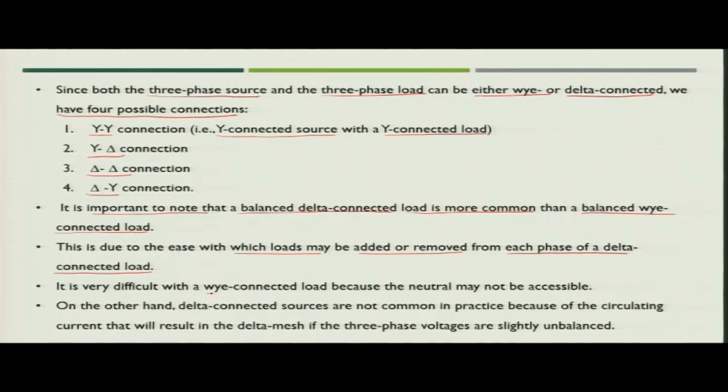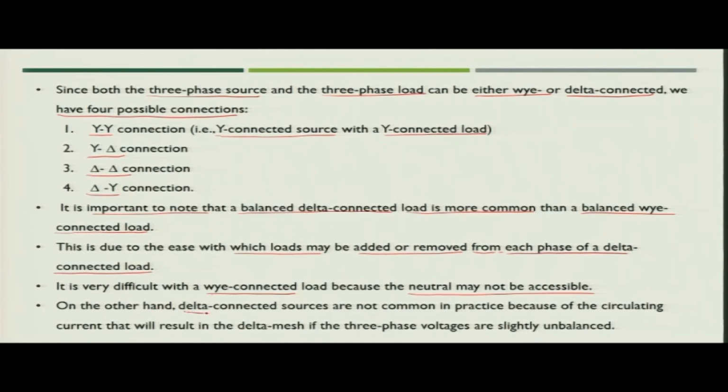It is difficult in case of Y connected or star connected, because it is not always possible to have neutral connection accessible from outside for the connections. So, that is why the balanced delta connected load is more feasible for reconfiguring or taking any leg out or doing the changes in the delta connected load.